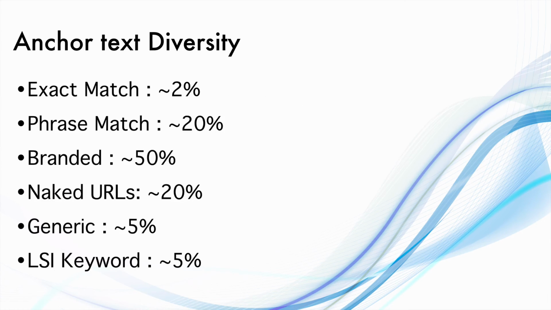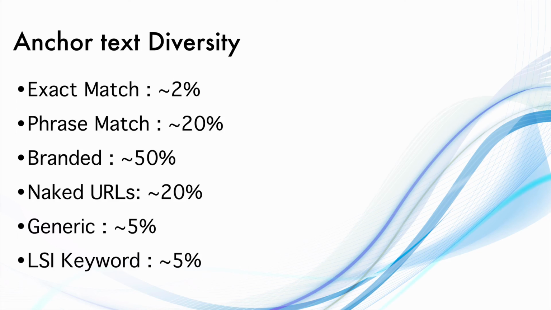When you're building links, you have to make sure that your backlink profile looks as natural as possible in the eyes of Google, which is why it is very important to diversify your anchor text.